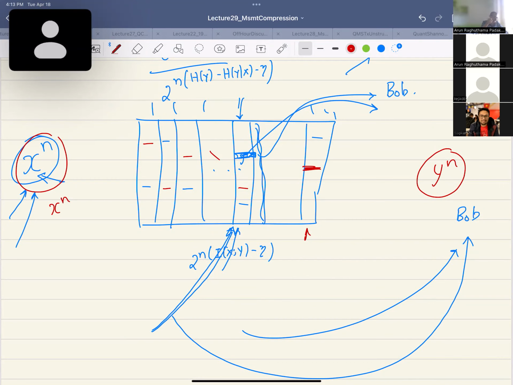So Bob has got the bin index, and then Bob has got the index within that bin. And so he knows a yn, he pulls that out. And because the conditional typical set has been spread apart into the bins, what it essentially is simulating is that you are uniformly picking from the conditional typical set.